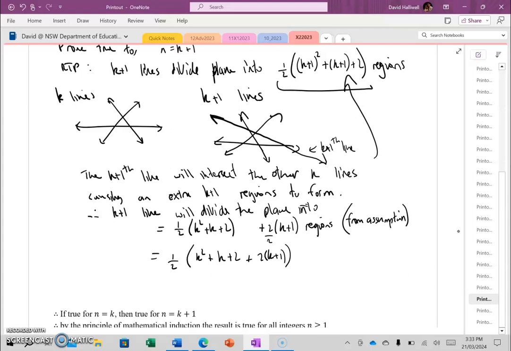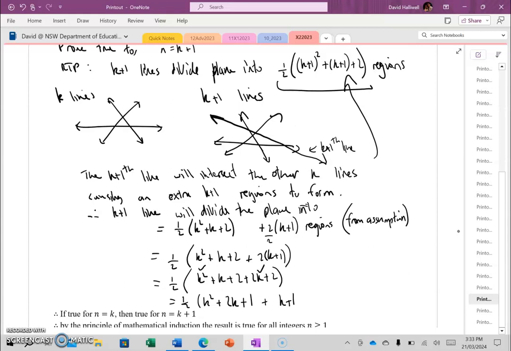I'm going to go about expanding, and I'm going to complete the square, 2k plus 2. So it's a half, k squared plus 2k. Now I'm going to do plus 1, so that's a perfect square. And then I've got a k plus 1.